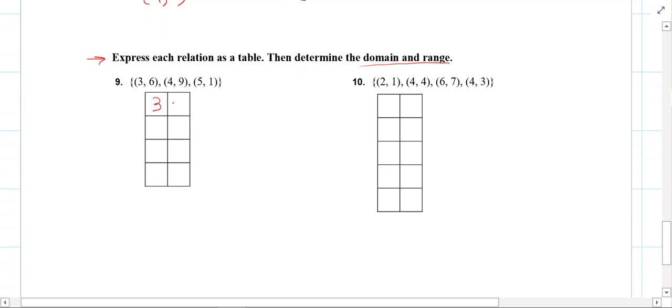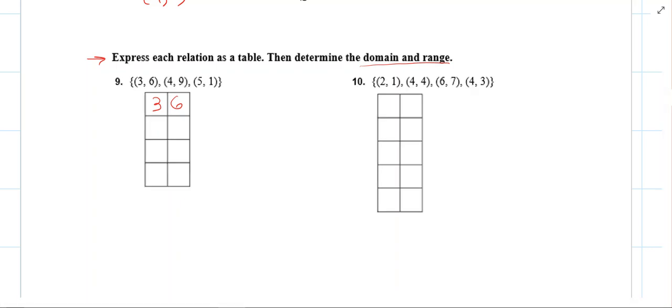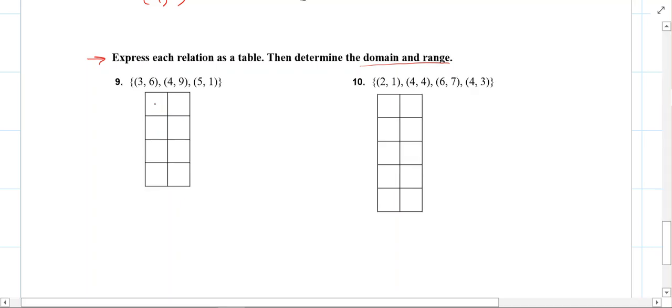So this would be 3, 6, 4, 9. Well, let me back up here. Did not put X and Y. All right. So then we go 3, 6, 4, 9, 5, 1. All right, so we got our table filled in, but now we're going to determine the domain and range.